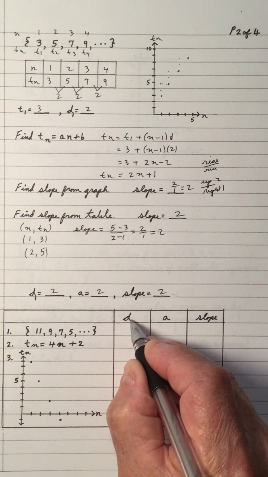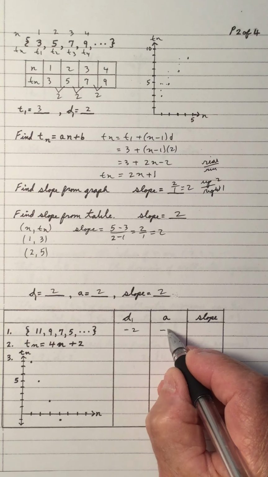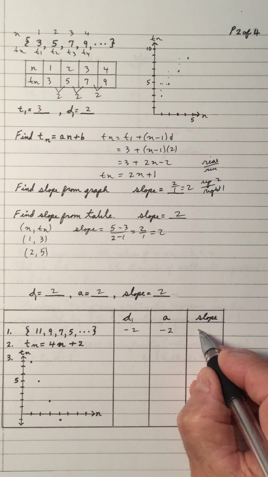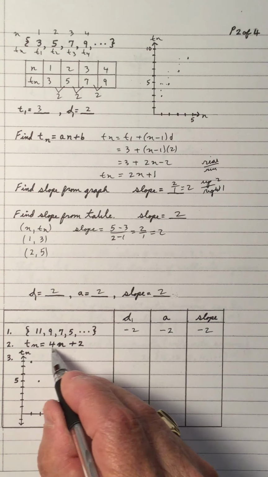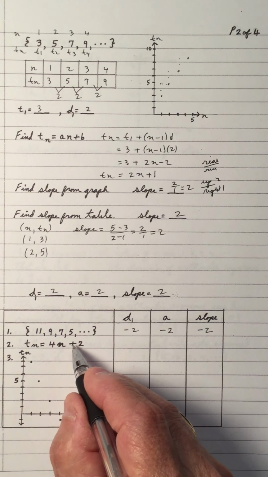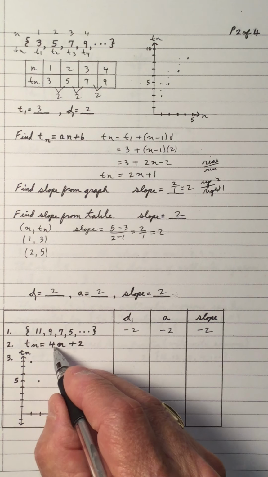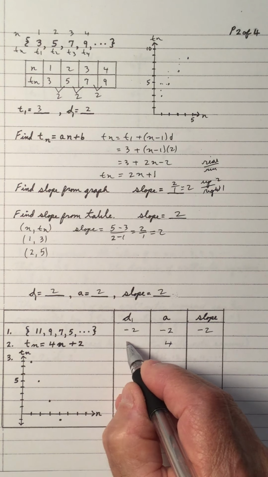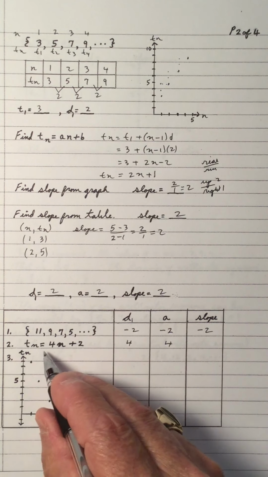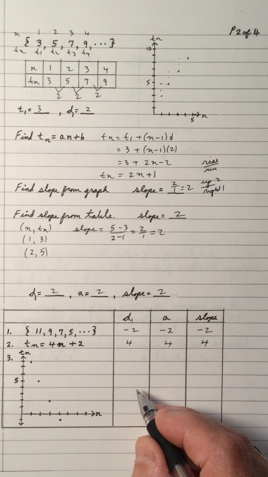So the difference D1 is negative 2, A is negative 2, the slope is negative 2. Notice that this equation represents an arithmetic sequence, and an arithmetic sequence is a linear function. If A is 4, then D1 is 4, and the slope of this graph is 4.